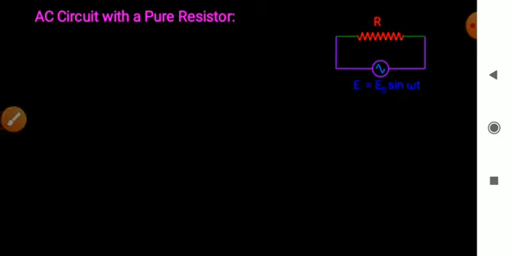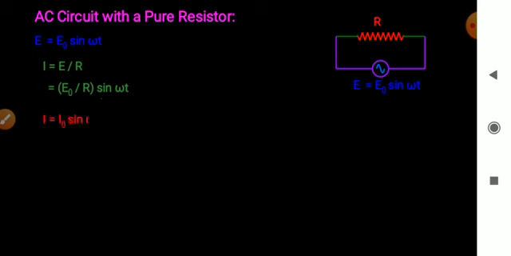Here E equal to E naught sin omega t, and if I be the instantaneous value of the current in the circuit, so I equal to E upon R, and we can write I equal to E naught sin omega t upon R, and I equal to I naught sin omega t, where I naught equal to E naught upon R and R equal to E naught upon I naught.